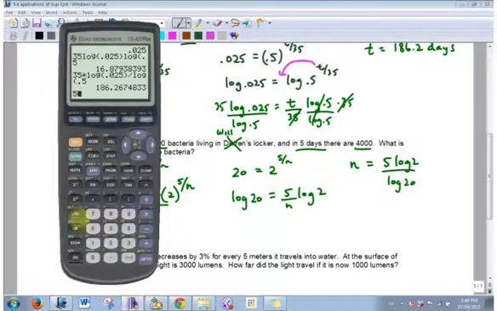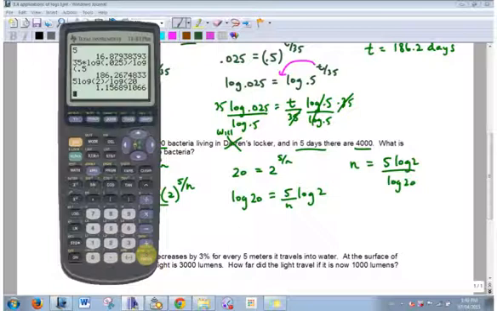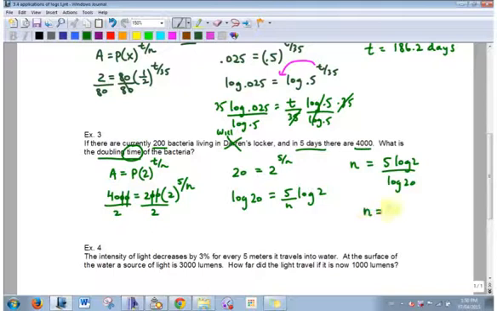Divided by. And hopefully you can look at that and see if it kind of looks reasonable or not. 1.16 days.